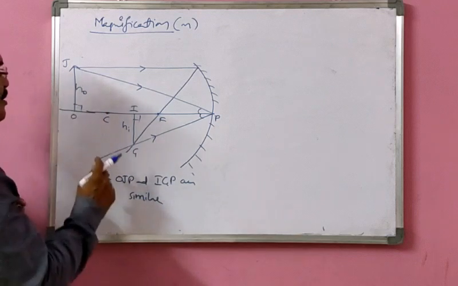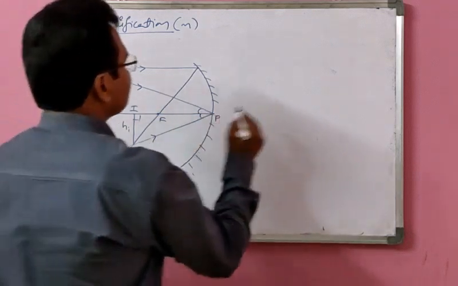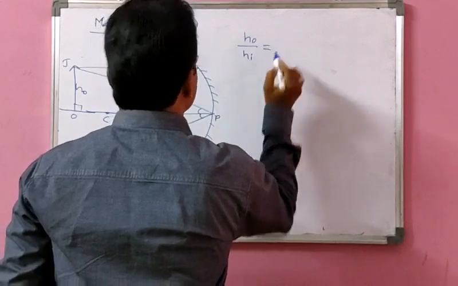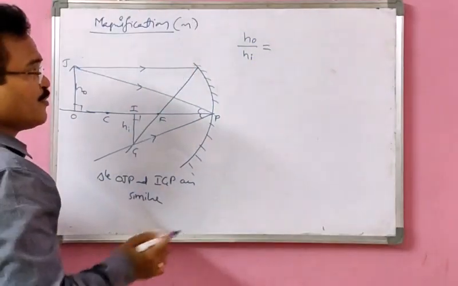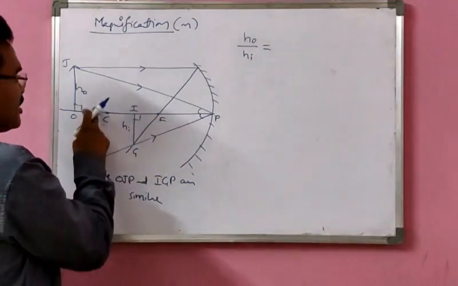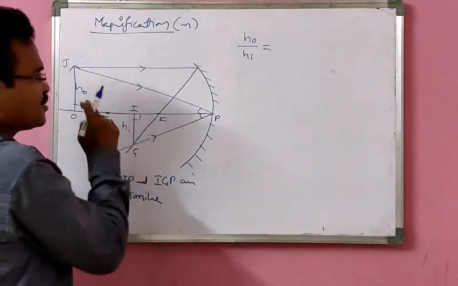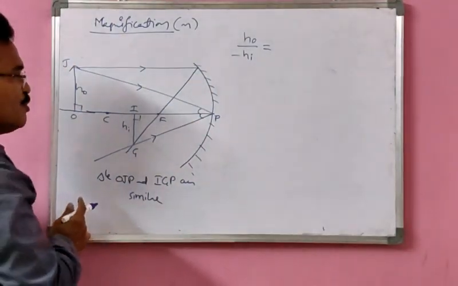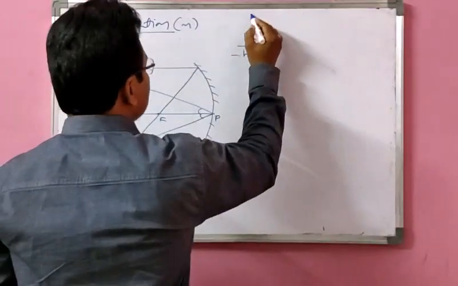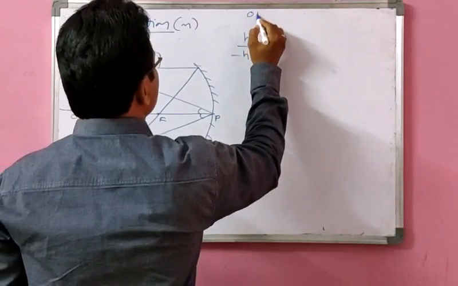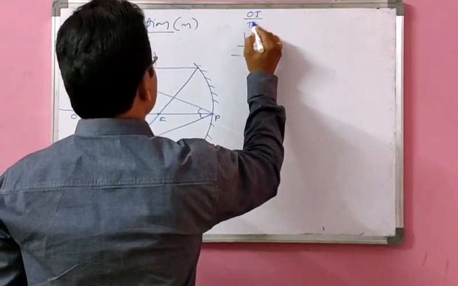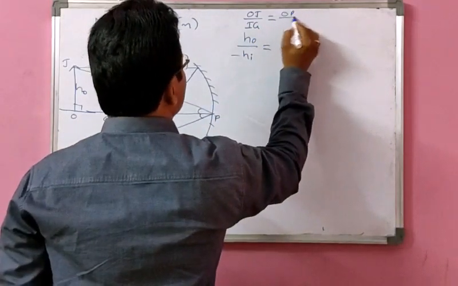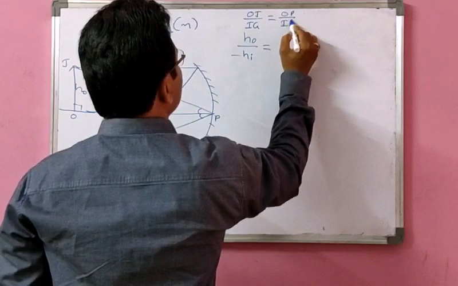So what I can write here: H naught by HI equal to... If you use sign convention, H naught is above the principal axis, HI is below the principal axis, so I'm putting a sign on HI. So OJ by IG equals OP by IP.